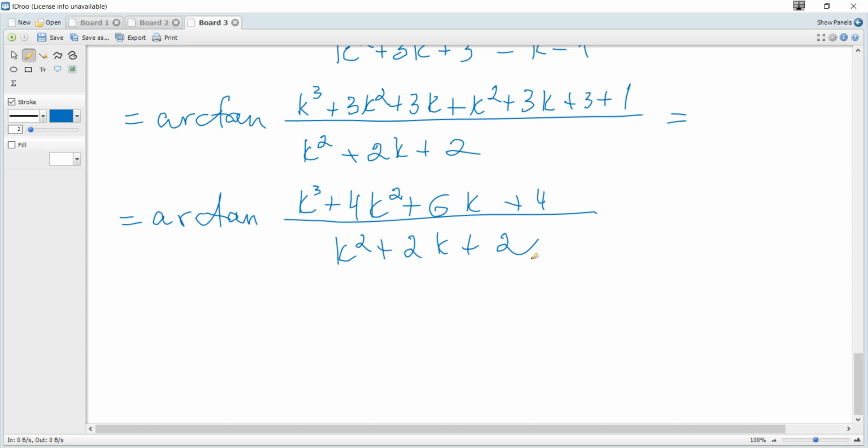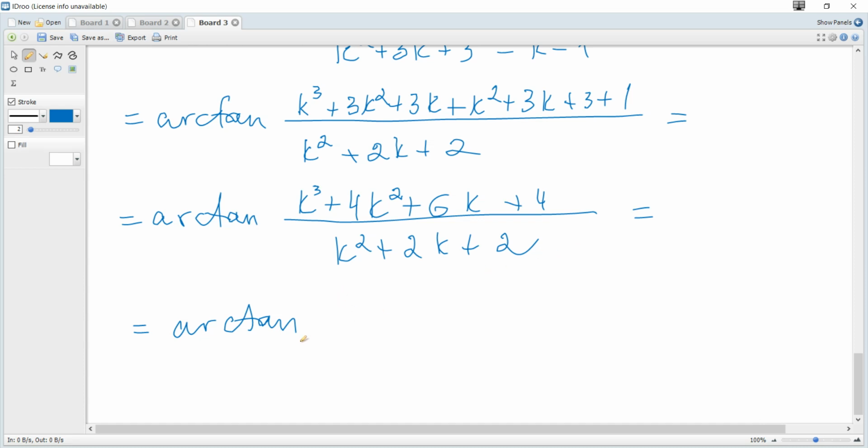And notice that we know what we must get. We must get finally arctangent of k plus 2. So this must be k plus 2. And how to get k plus 2? Definitely, since there is a polynomial of degree 3 in the numerator and a polynomial of degree 2 in the denominator, it should be some linear factor multiplied by a polynomial of degree 2.